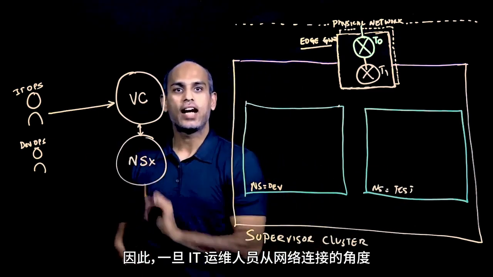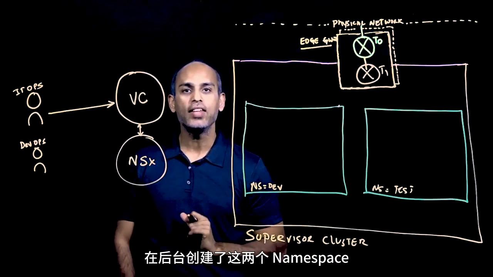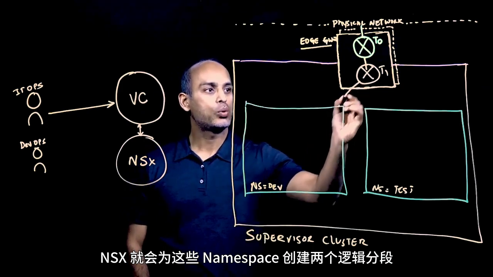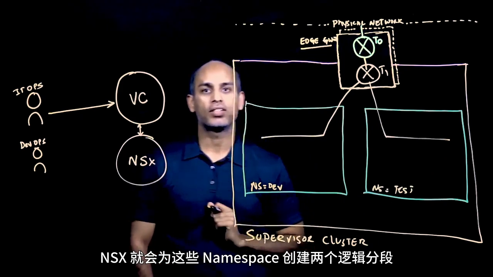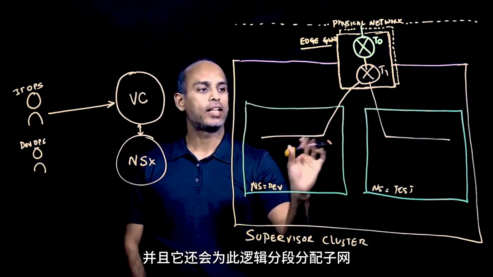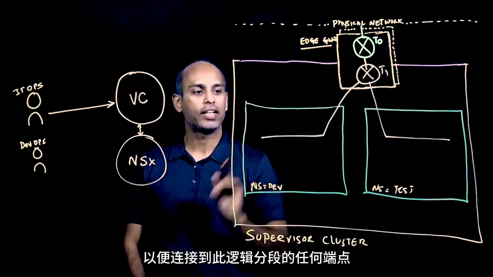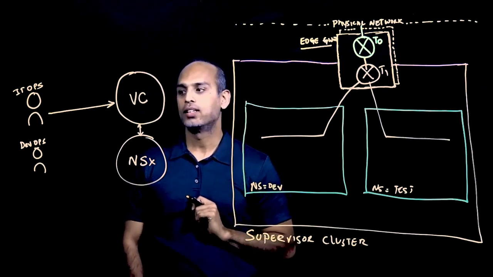As soon as the IT ops persona creates these two namespaces, behind the scenes, from a networking perspective, NSX would create two logical segments for these namespaces. It also allocates the subnet for each logical segment so that any endpoints that connect to this logical segment get an IP address from this subnet.